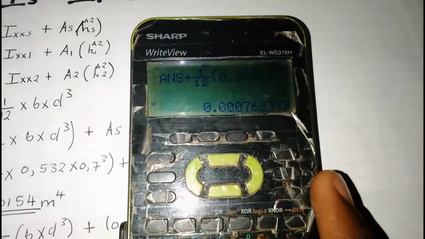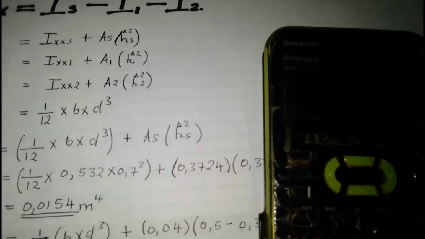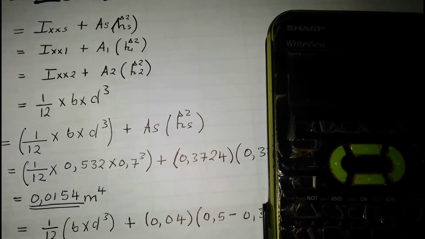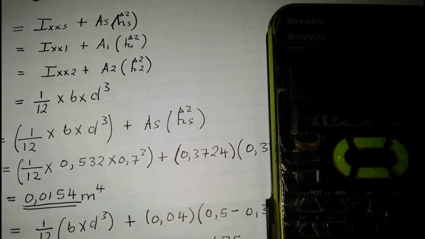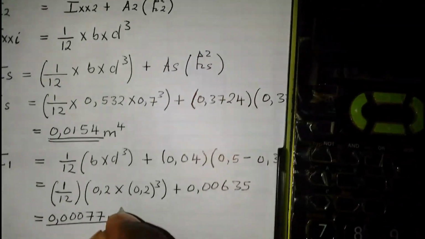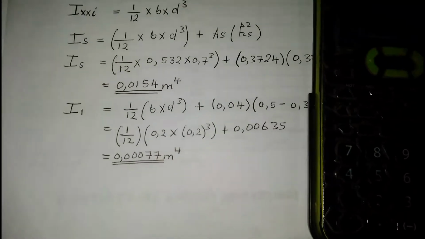This is what we get from the calculator: 0.00077.